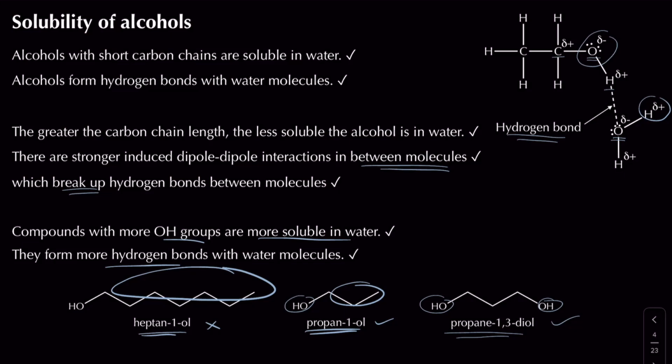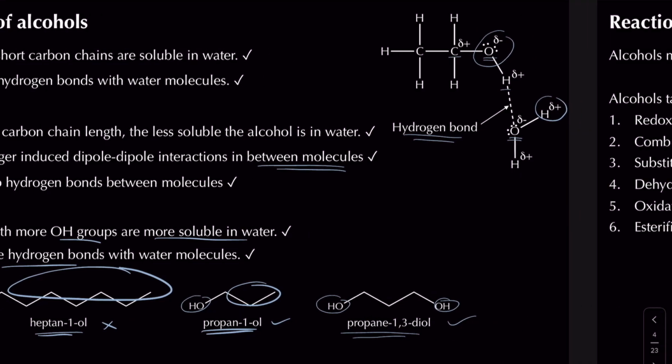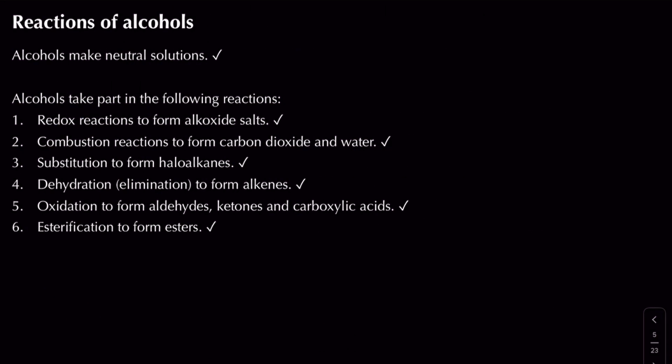Now, moving on, if we were to look at the reactions of alcohols, there's a bunch that you need to be aware of. A lot of them you'll deal with in module 4, but some of them you'll deal with in module 6. The first one is they can react in redox reactions to form alkoxide salts. The second one, which we're covering in this video, is combustion reactions to form carbon dioxide and water. Then another two for another video are substitution to form haloalkanes.